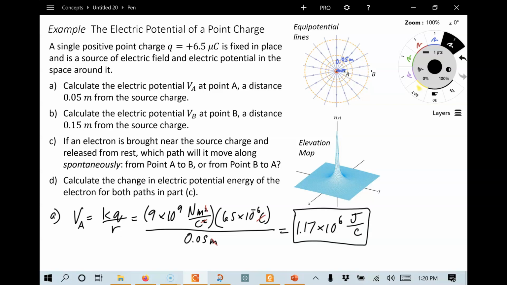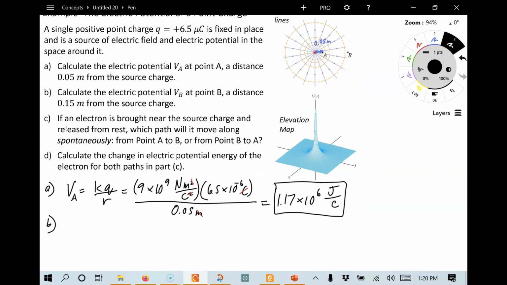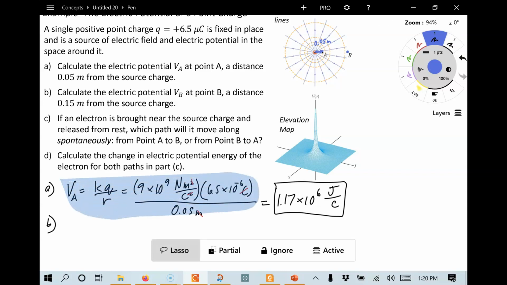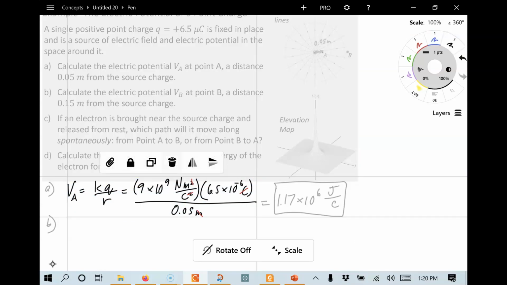Let's look at part B. It says calculate the electric potential VB at point B. Same thing, now we're looking at this point here. It's a further distance, and we're going to do the exact same thing as before. We just have to change the distance. Same equation.